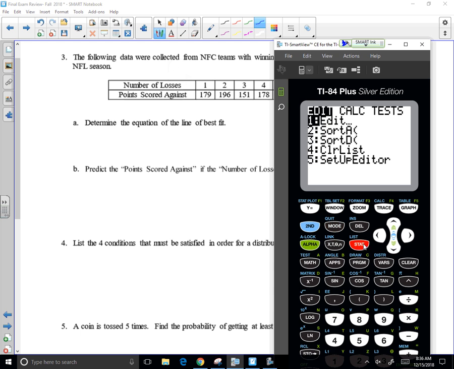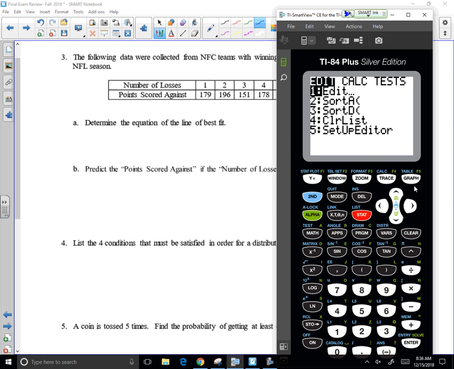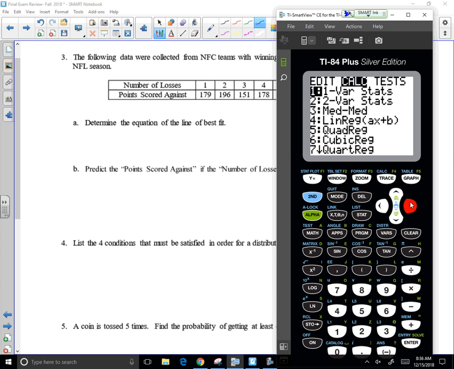All right, stat, calc. You have two options that allude to the concept of a line. Option 4 and option 8. LinReg ax plus b, and then LinReg a plus bx. There really is no difference in the outcome.